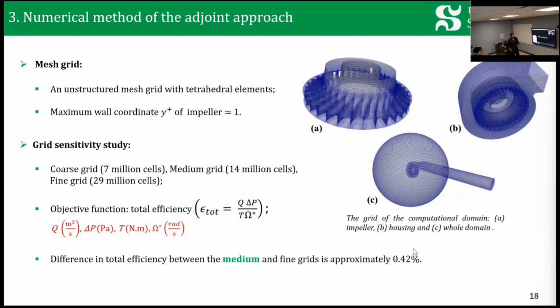The difference in total efficiency between the medium and fine grids is approximately 0.5 percentage points. So the medium grid with fewer mesh cells, around 14 million cells, is used for subsequent computations.